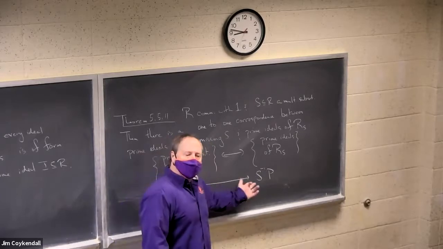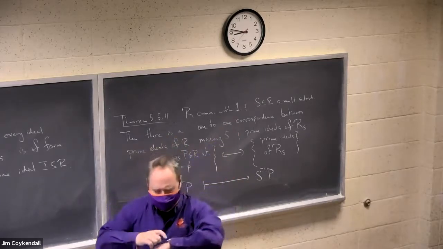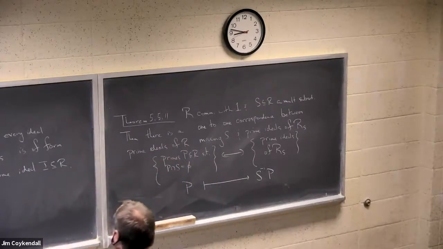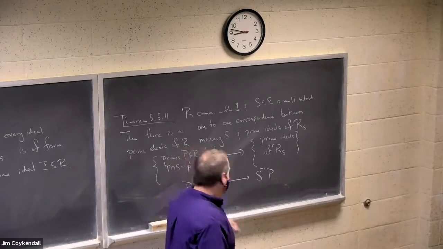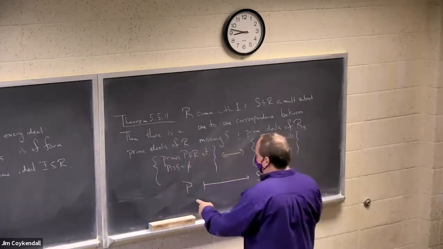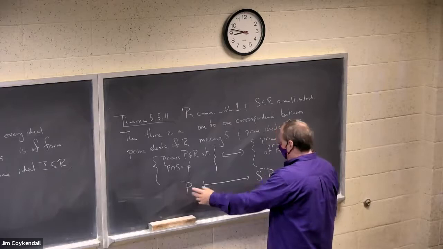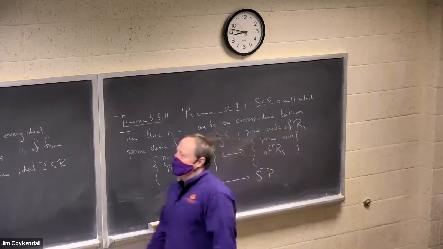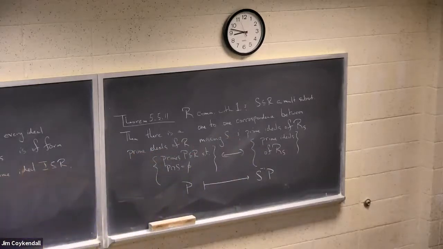And you can get this back. The only thing that you have to check, which I recommend that you look at for an exercise, is to show that the prime property is preserved. The correspondence you can get pretty easily, but for S inverse I, you'll need that this happens for prime ideals. So you'll need prime to show that you actually get an equality here, and also that the prime property is preserved. Okay.